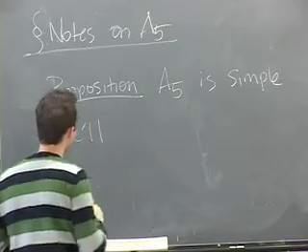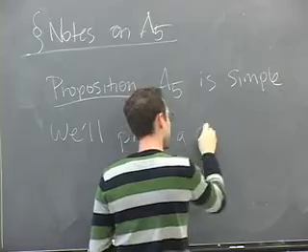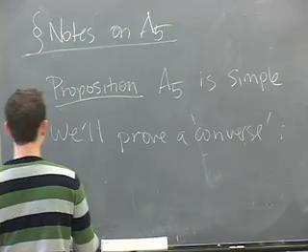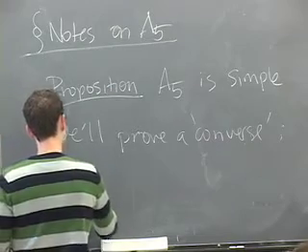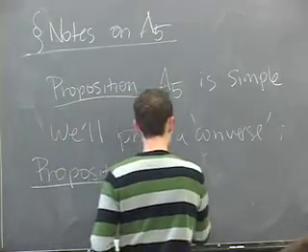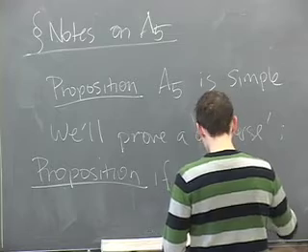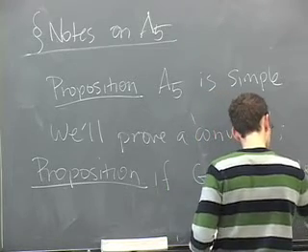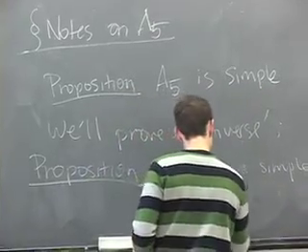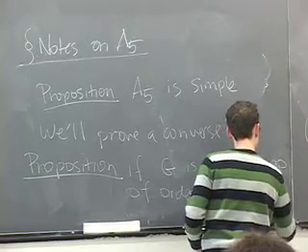And what I want to do now is prove a converse. So what's this converse? Well, the converse is if G is a simple group of order 60, then G is in fact A5.